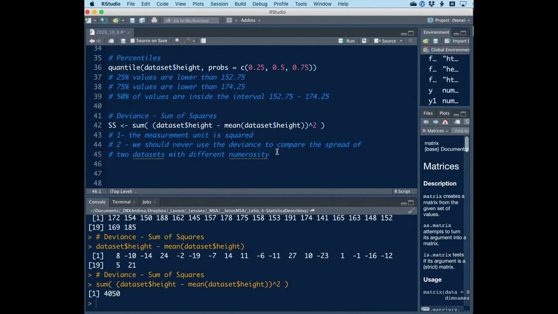So what do we do? We take another measure of spread, which is very often used, that is the variance. Variance or mean square. Right? So we take the sum of squares and divide by the number of data, length of the data set, minus 1.